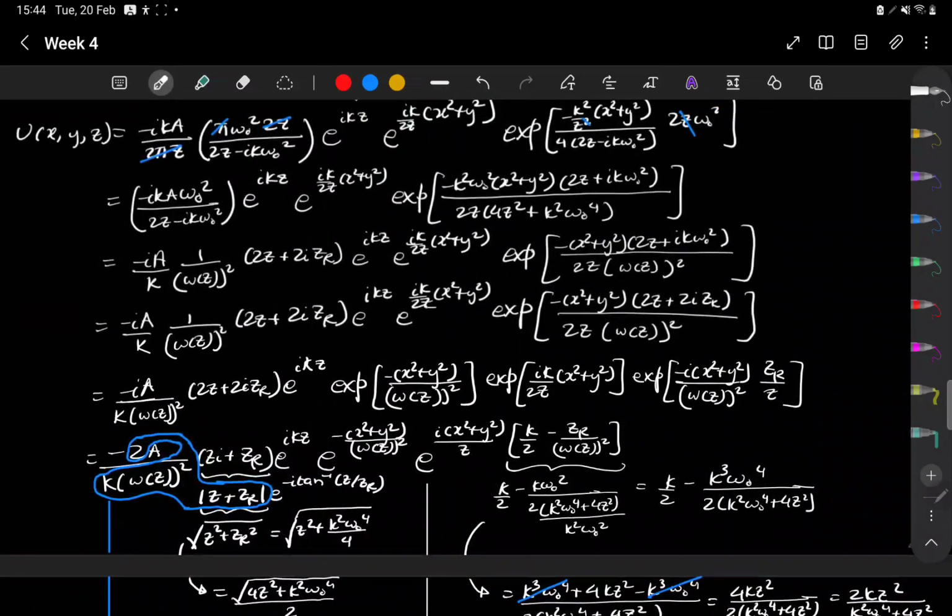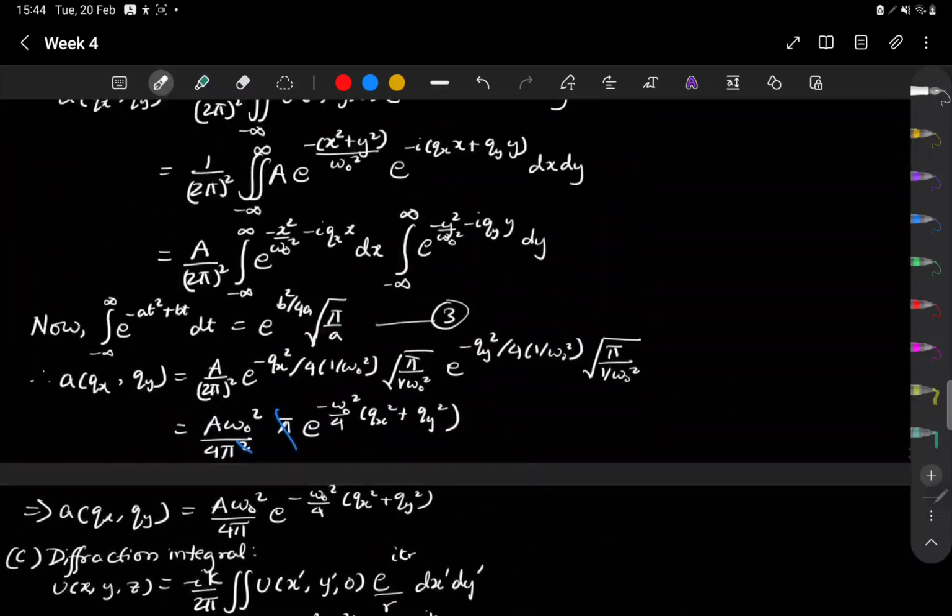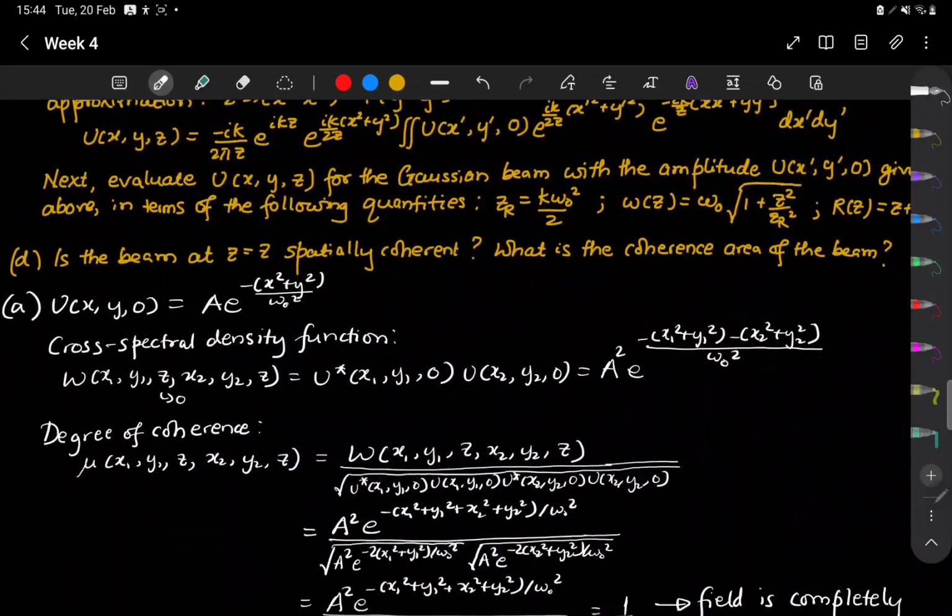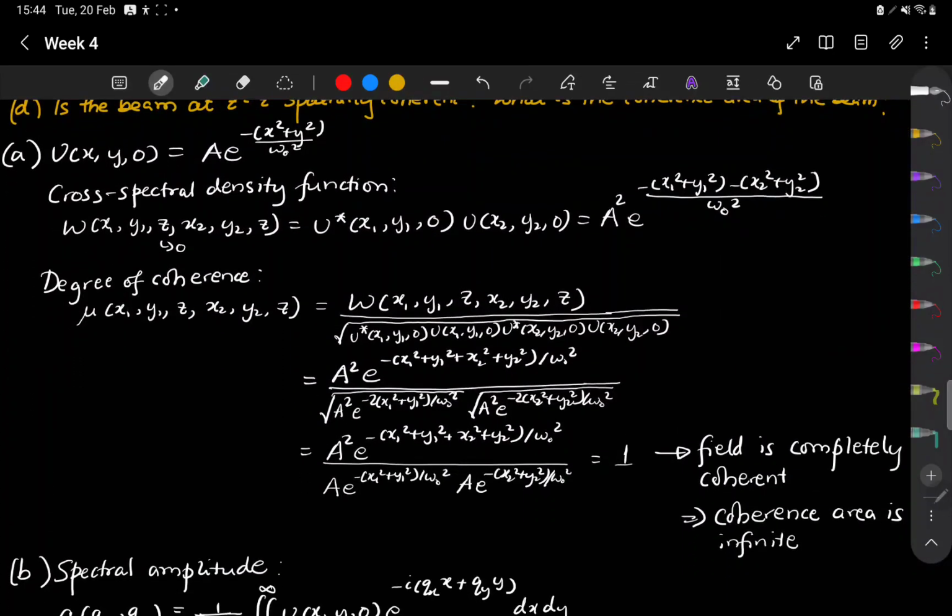Okay, someone is having a question in part D. How from mu equal to 1 we are claiming that the coherence area is infinite?